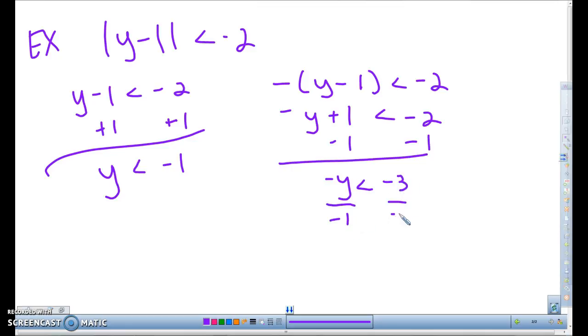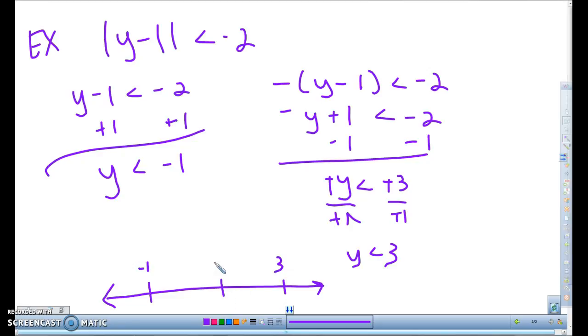I divide by that negative. So I get y is greater than 3. And I go to graph that on a number line. Here's negative 1, here's 3, 0. And I can graph that, and it graphs like a union because they don't necessarily intersect.